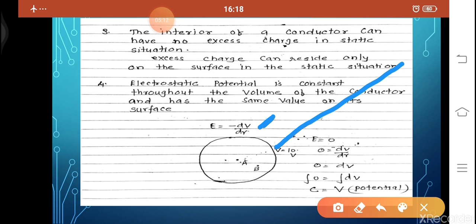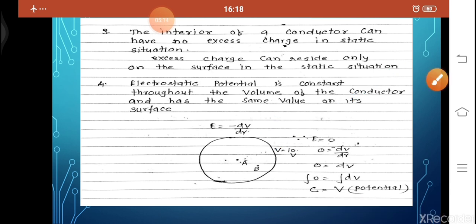For example, if here V equal to 10 volt, that means V equal to W by Q. Q is 1, so we will require 10 joule of work to bring a unit charge from infinity to that point.